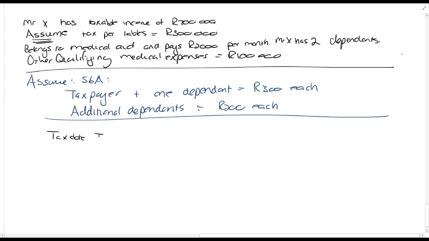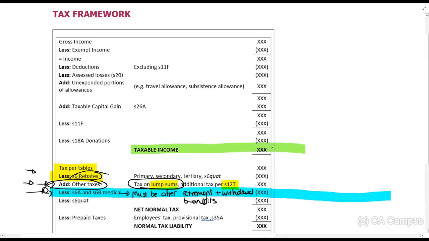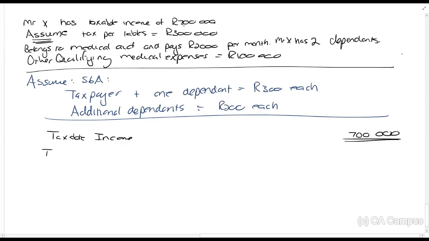So we say taxable income, you would have now calculated that, is given to us here as being 700,000 rands. Right, so we're sitting here, taxable income. Then we say tax per tables. You go to the relevant tax tables, guys, and you calculate the tax per the tax tables.